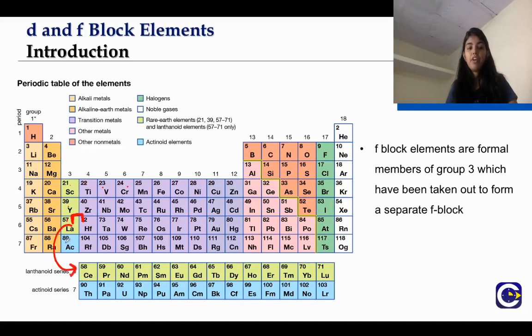Similarly, for 89 to 104, there is a jump in the atomic number because the in between elements are placed in the actinoid series, right? They are separately placed because first reason was that they were lately discovered. Second reason was that they were not matching the properties of the respective groups and periods. So basically they were separately placed from the periodic table, known as the F block elements.